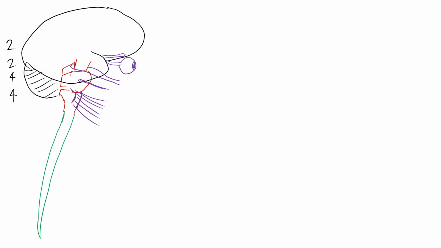And between your olives and inferior cerebellar peduncle here, you have 12. So, you have 1, 2, 3, 4, 5, 6, 7, 8, and then 9, 10, 11, 12. So, in just a short while, you have already drawn the cranial nerves and where they emerge. Basically, they all go anteriorly.